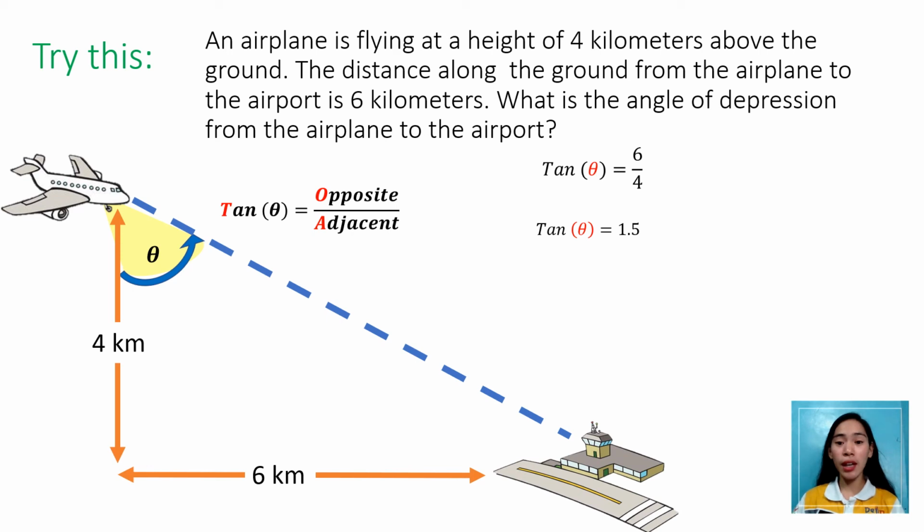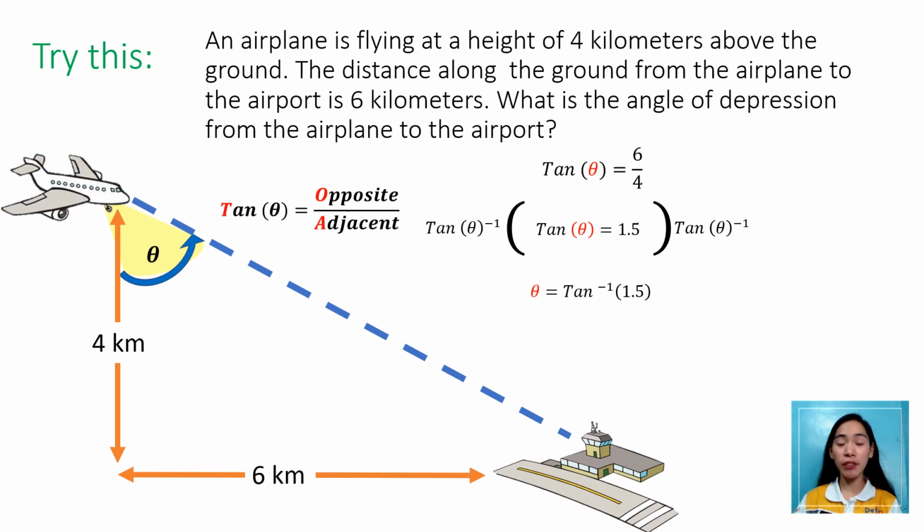So tangent theta is equal to 1.5. Now to get our theta, let's multiply both sides by the arctan or the inverse of a tangent. So theta is equal to arctan 1.5.